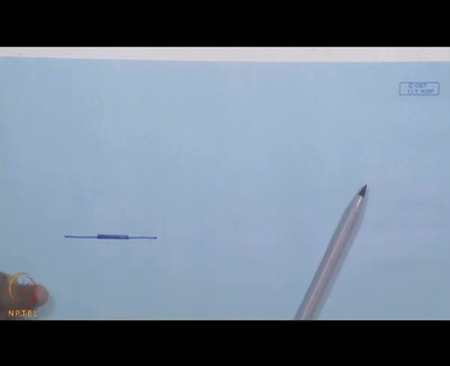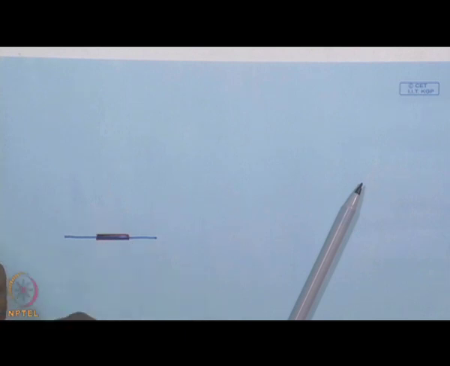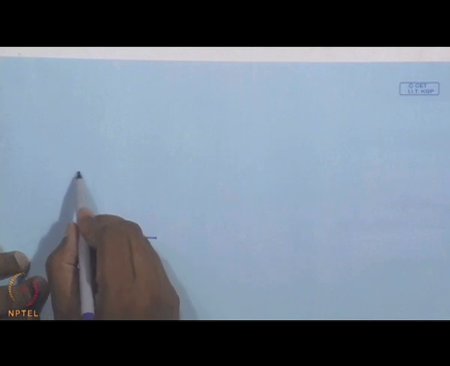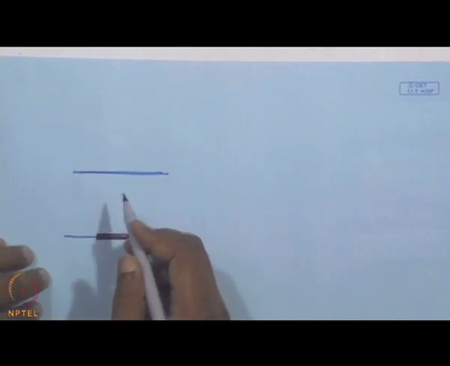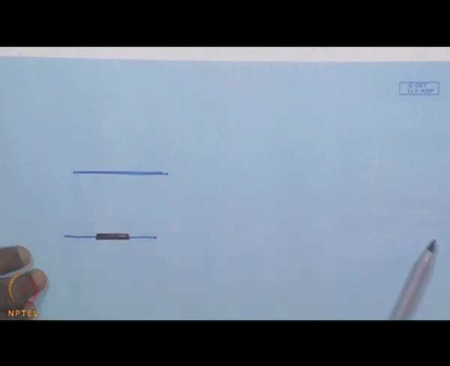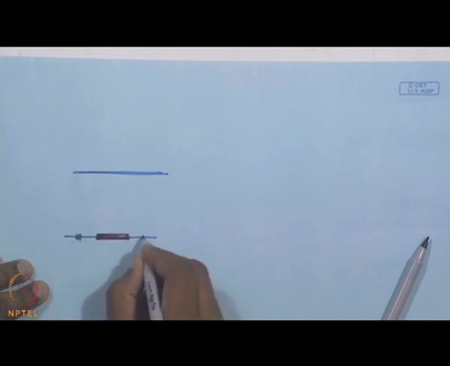So, this zone is the heater, and it is situated in a channel, okay, and I have a temperature sensor before the heater and at equal distance after the heater.